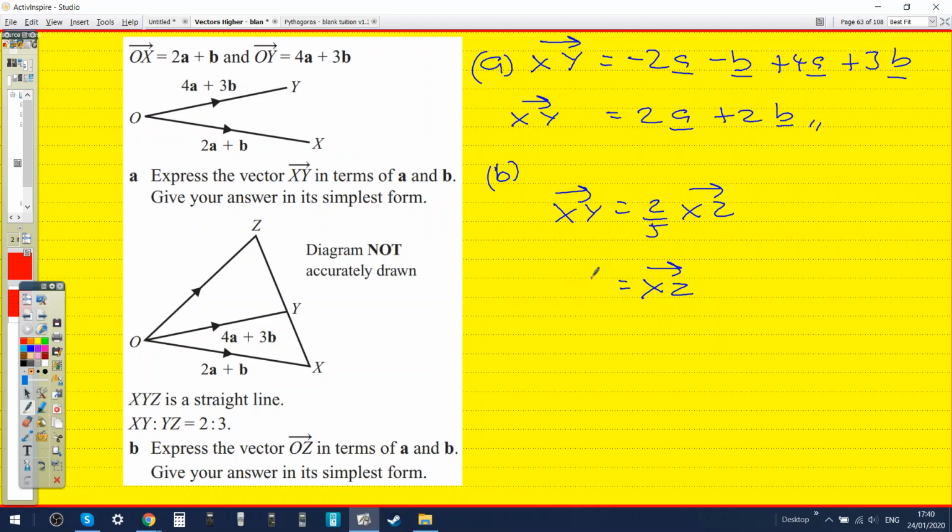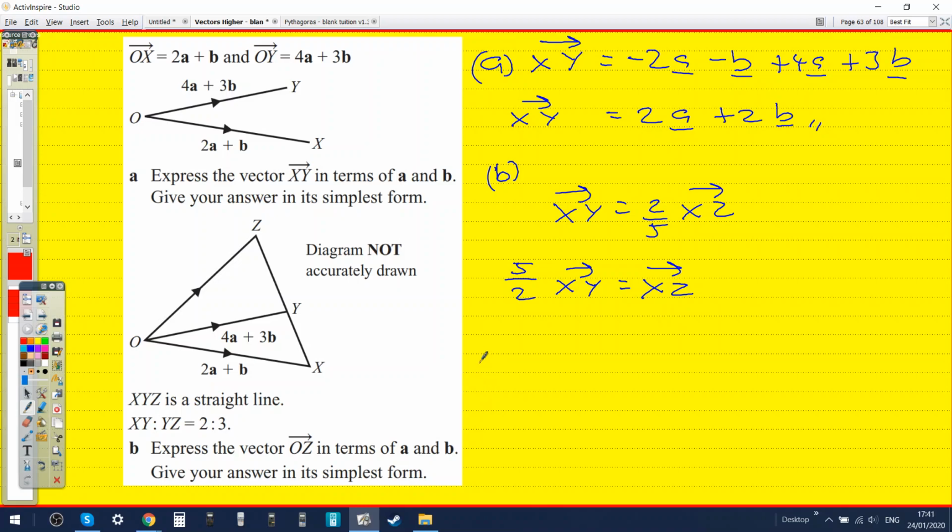Five fifths, 5, not fifths. XY equals the halves, 5 halves. Yes.